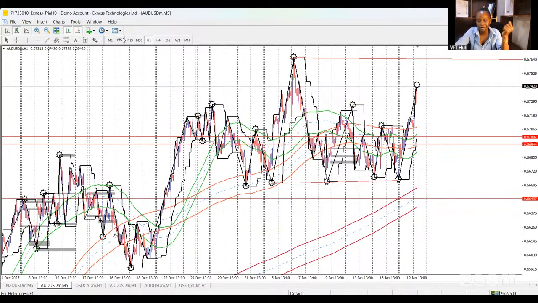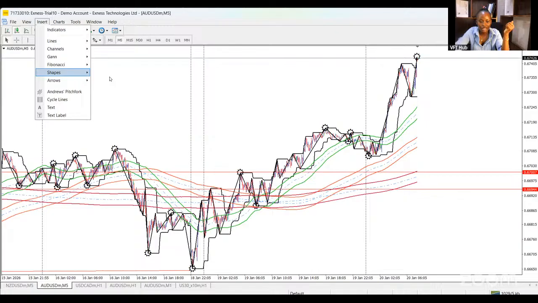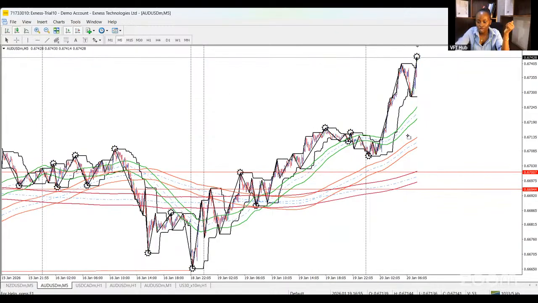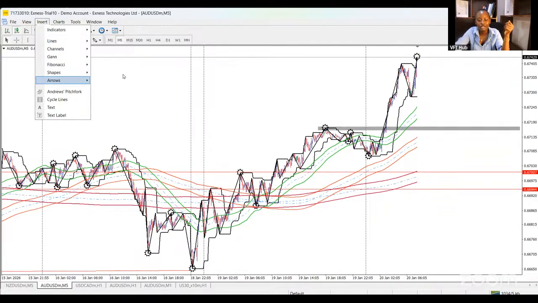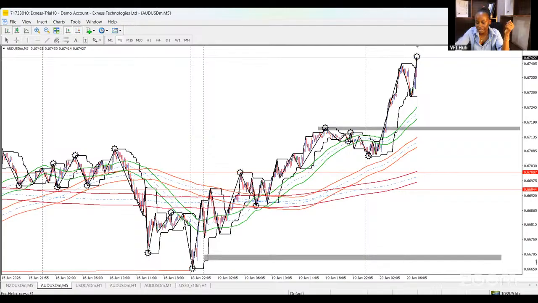So on the AUD USD M5 time frame, these are the levels I've marked out from the higher time frames, H1 and H4. I'm not going to mark out yesterday's high and yesterday's low, or the day before yesterday's high and low, because these are now support and resistance levels that would act as key point areas in future.